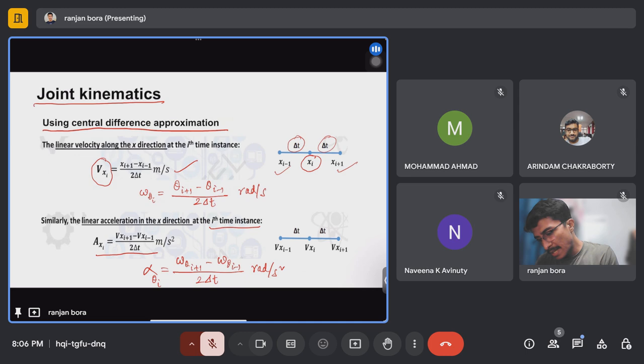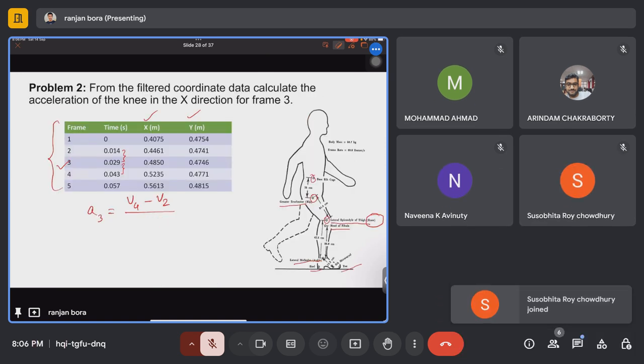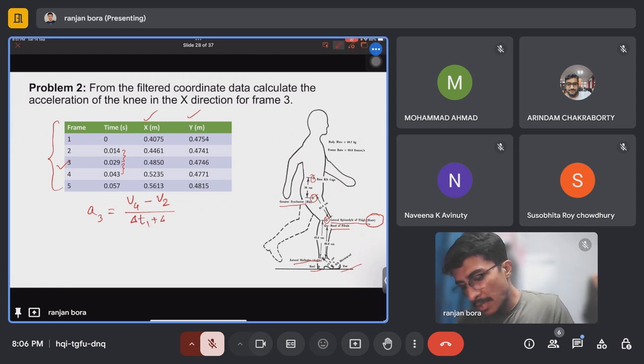Here you can see the delta t is not the same, this delta t and this delta t. So it will be delta t1 plus delta t2, because both the delta t are different.